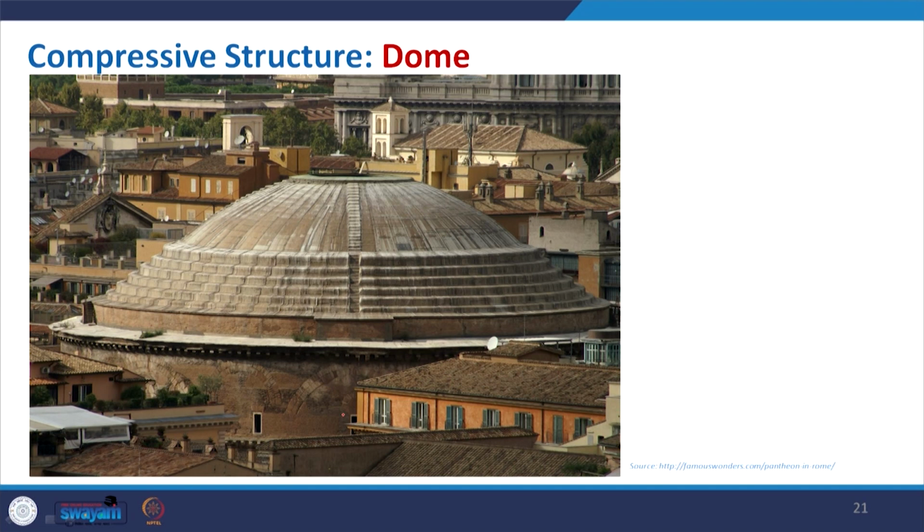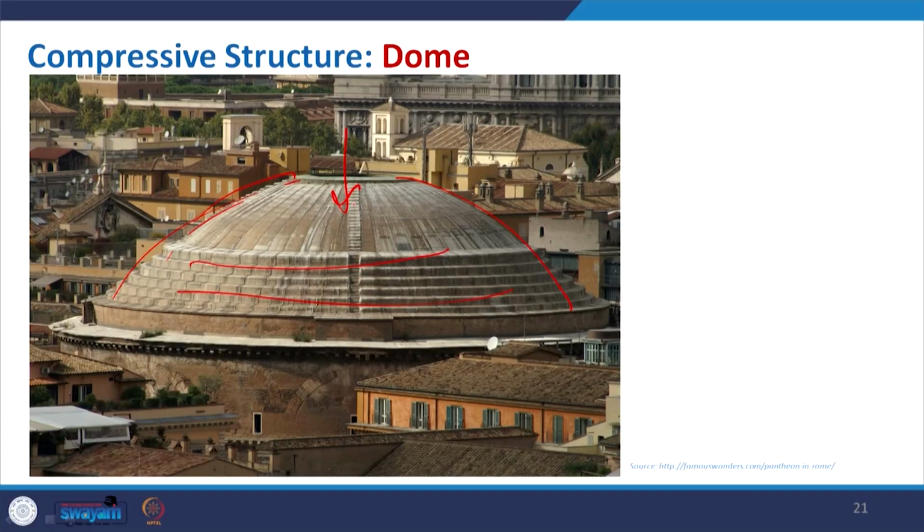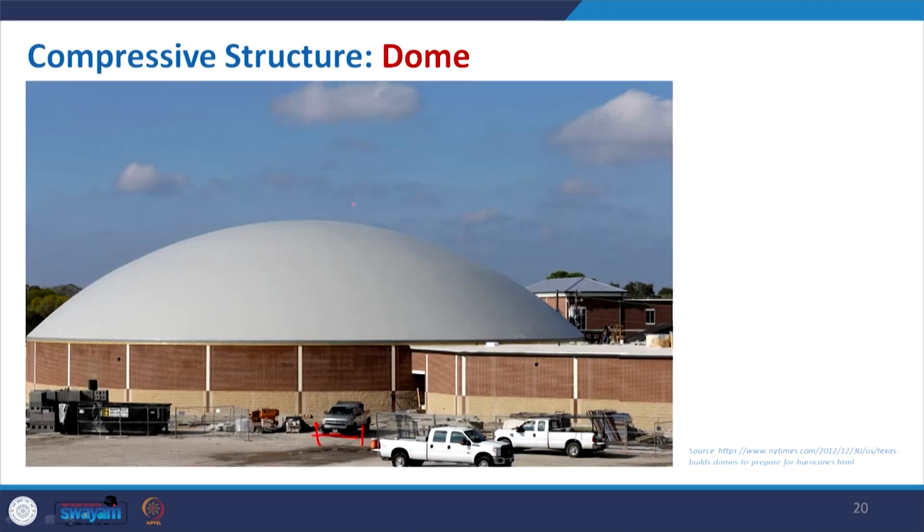If you see it from outside, it again gives this particular form of the dome, which was constructed using a good framework, and concrete was used to make this dome. This is again another good example of a compressive structure, used in Roman architecture.